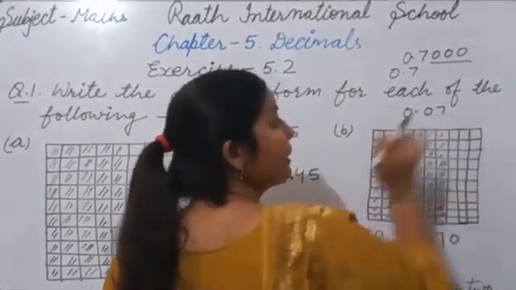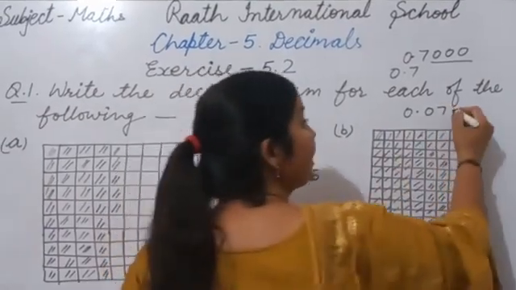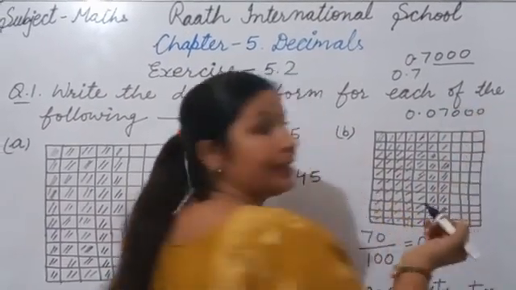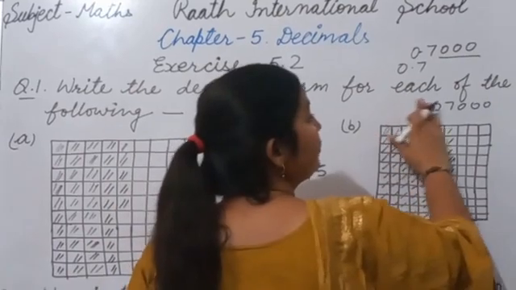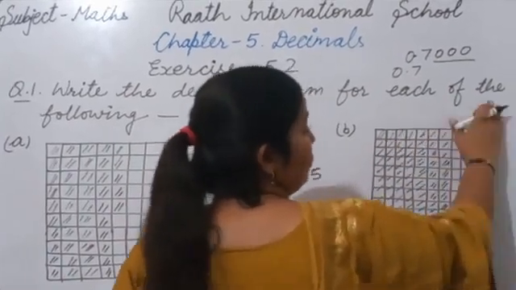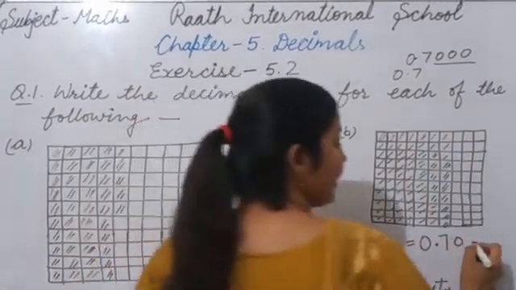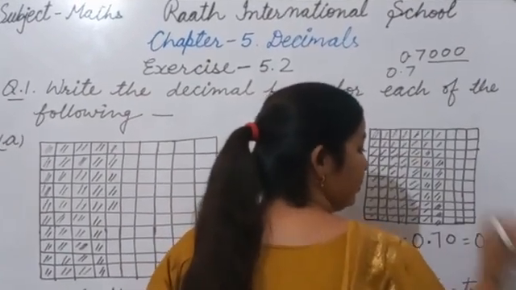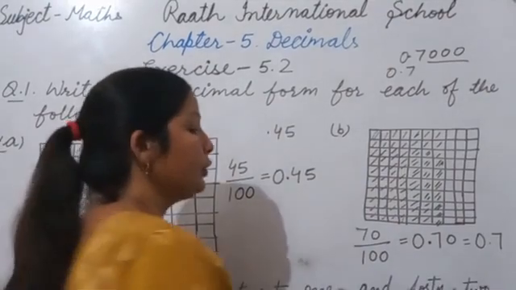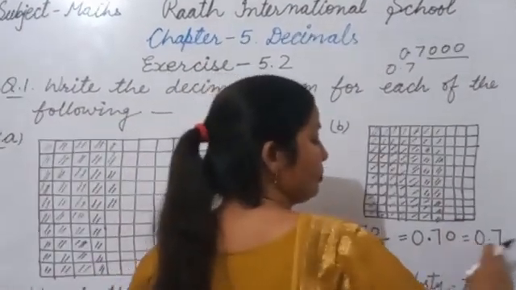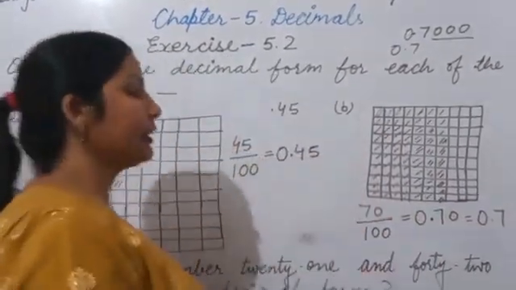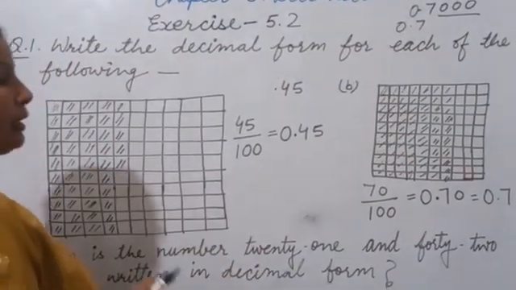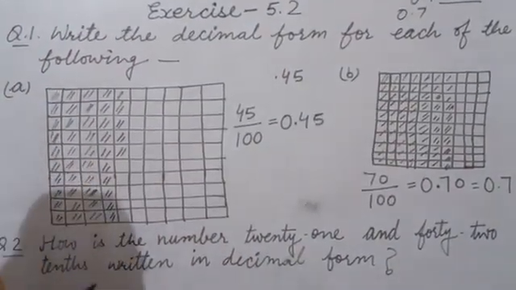If in the last we have continuous 0s then we can remove them. So we can write 0.70 is equal to 0.7. Like this you can write in decimal form. Now C and D parts you will do yourself.